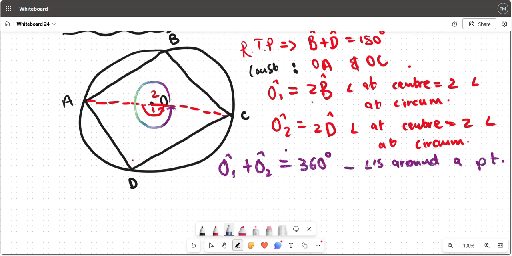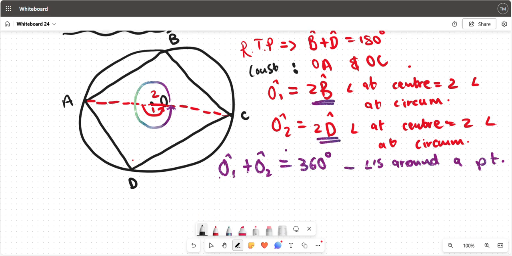And all I need to do is take this guy, replace him for O1 there, take this guy, replace him for O2, and just rearrange my equations. So I have 2B plus 2D is equal to 360.